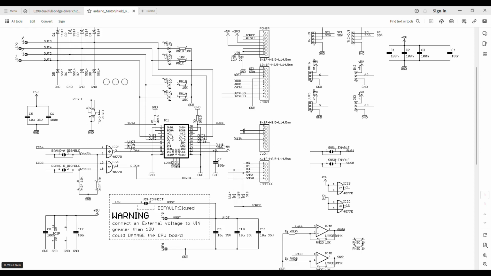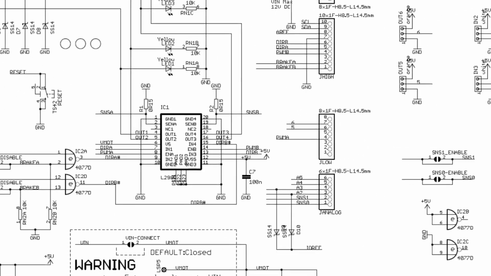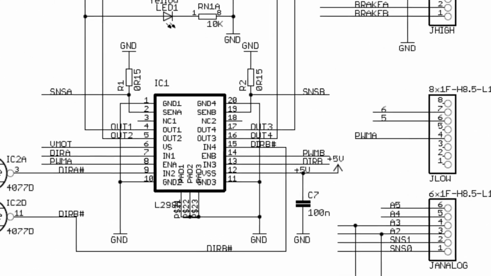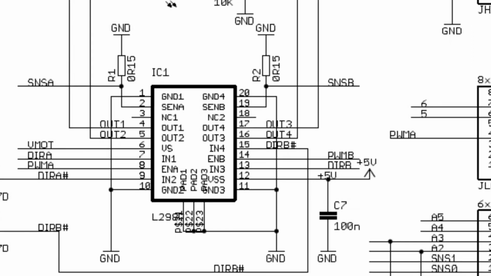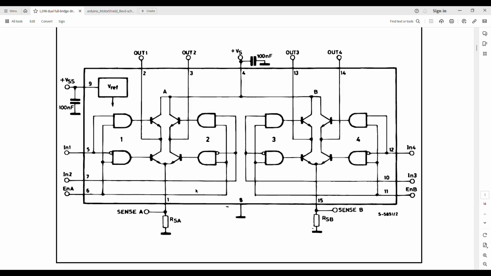The motor shield is the device that's most commonly used to create DCC signals by applications like DCC++ or DCC-EX. The reason why is this chip right at the center. The chip is called an L298, and the L298 device is a dual full-bridge driver.